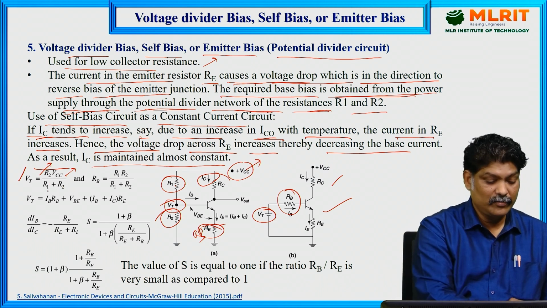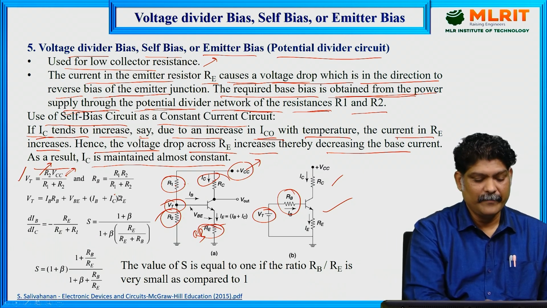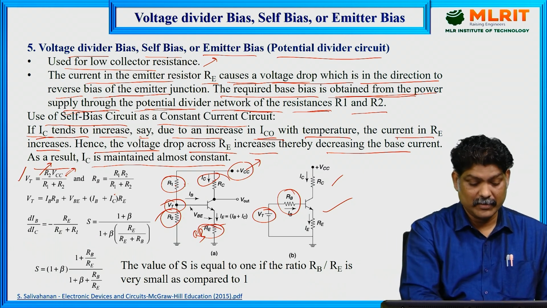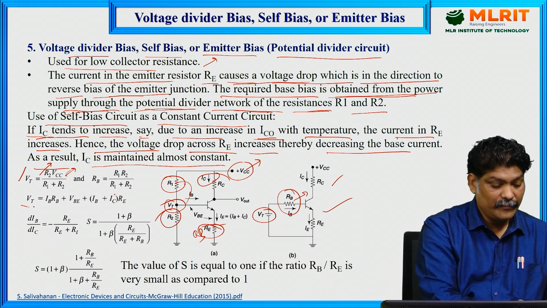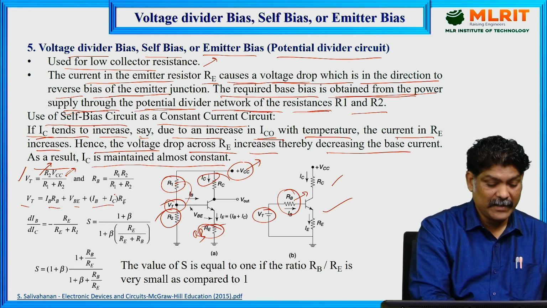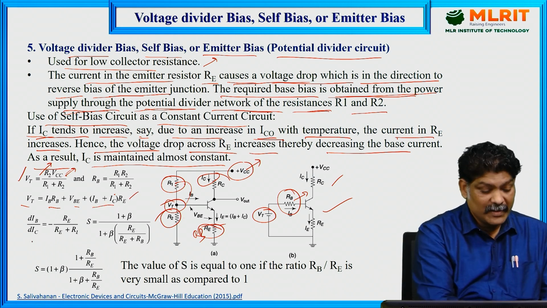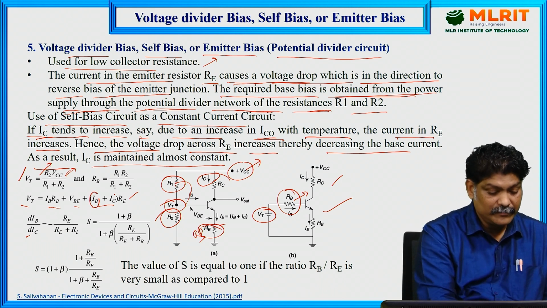So VT equals R2 by (R1 plus R2) into VCC, and RB is the parallel combination of R1 and R2, that is R1 R2 by (R1 plus R2). Then VT equals IB RB plus VBE plus (IB plus IC) into RE. From this we can get the IB value.